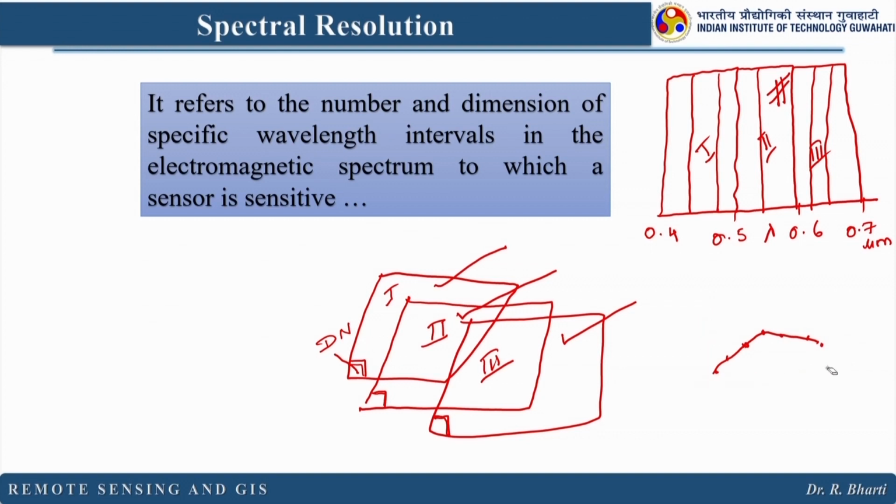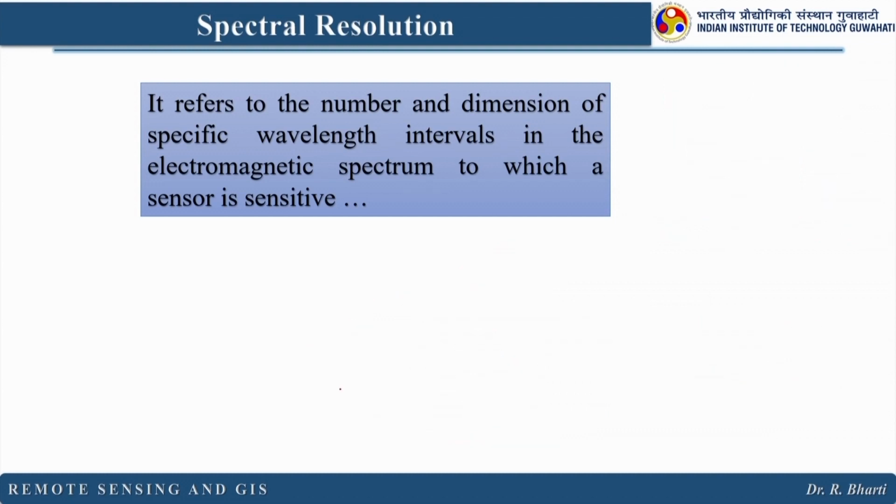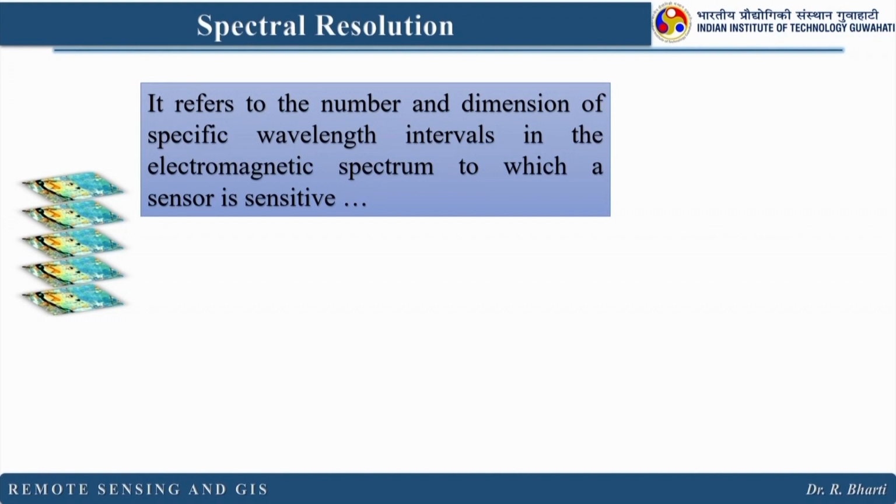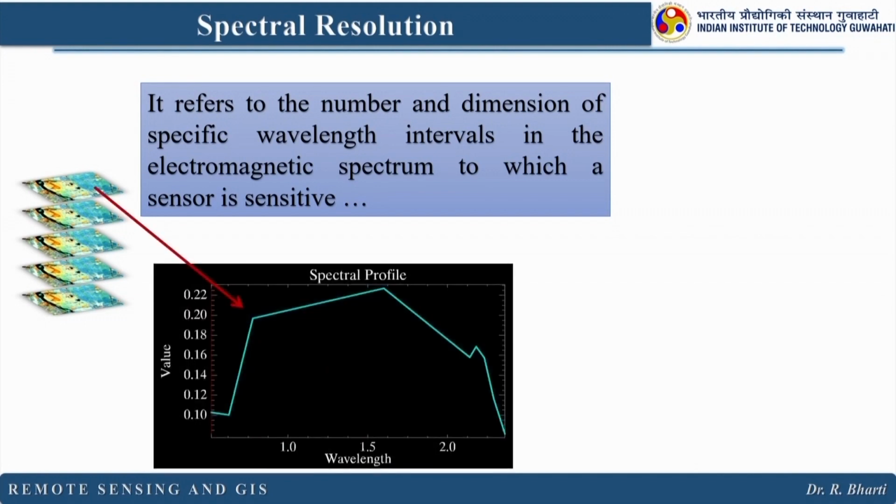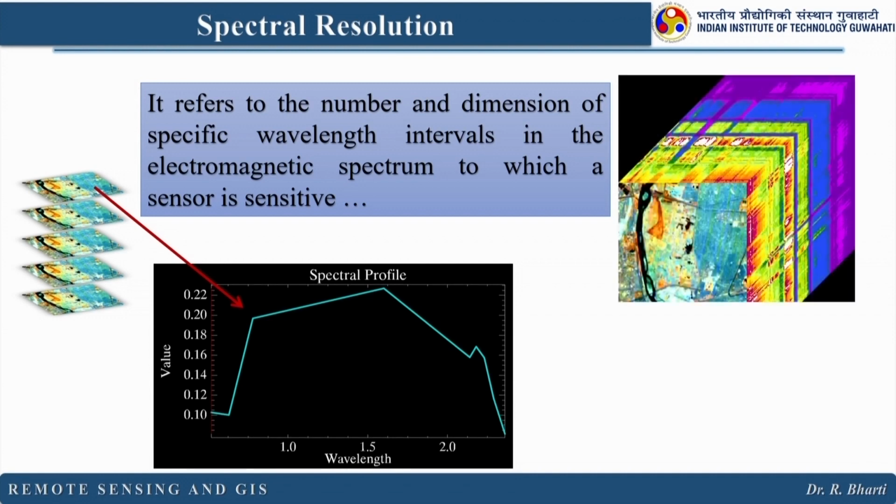Just let me erase this. Okay. So, in case you have only 5 bands, your data will look like this. I hope now you can understand this. And when you have hundreds of bands, what will happen?